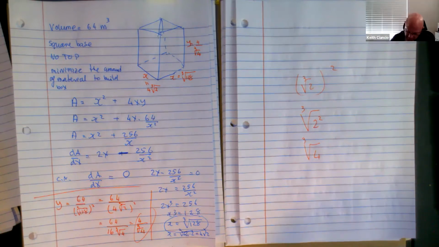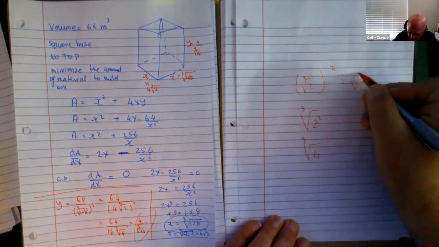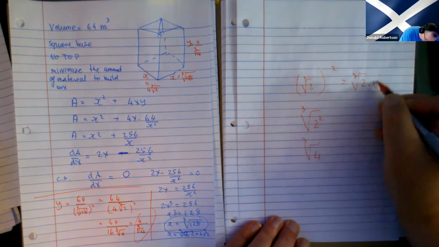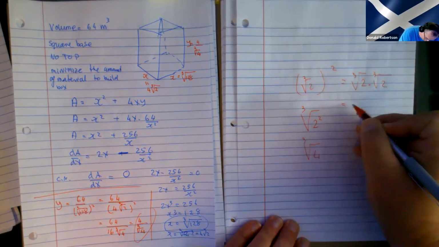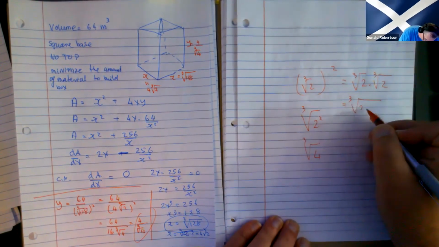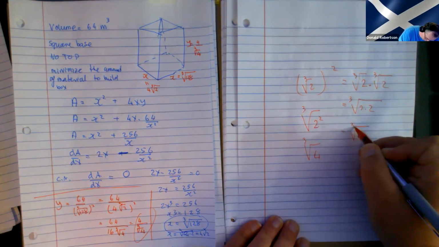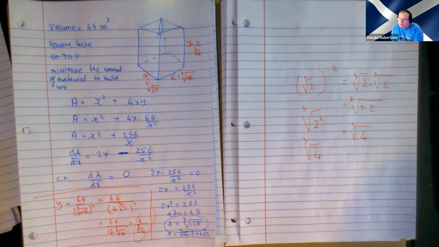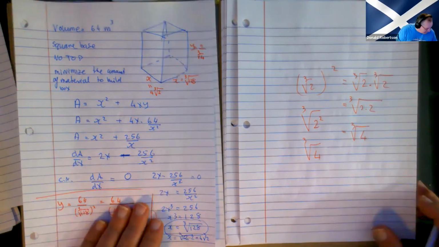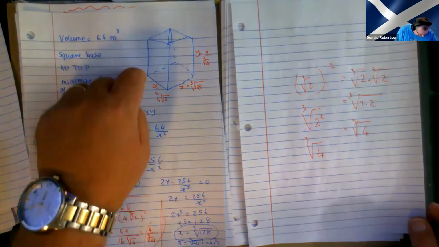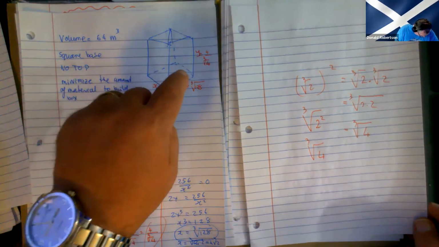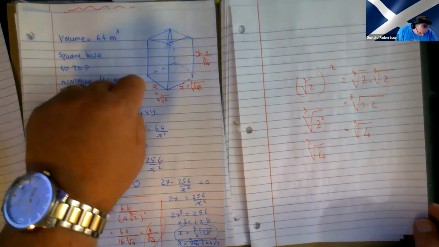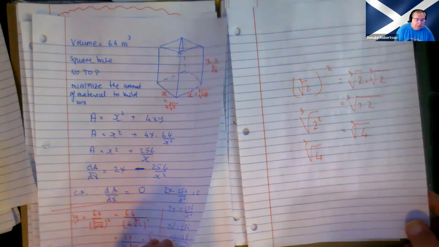You can think of it as the cube root of 2 times another cube root of 2, which is the same thing as the cube root of 2 times 2, which is the cube root of 4. You can think of it like that as well. So essentially 5 times 5 times 2.5. Interesting.